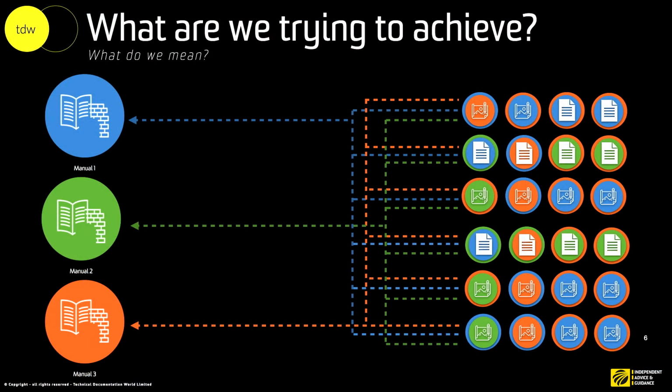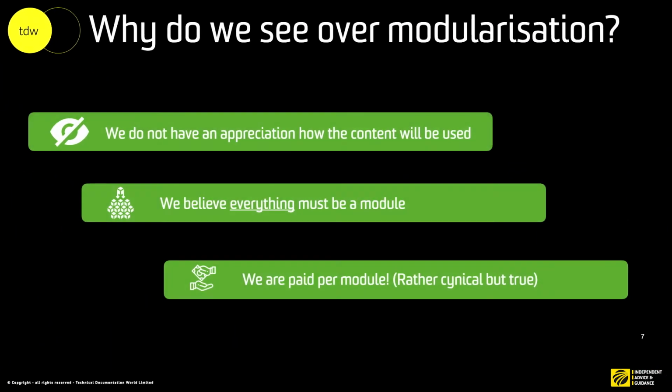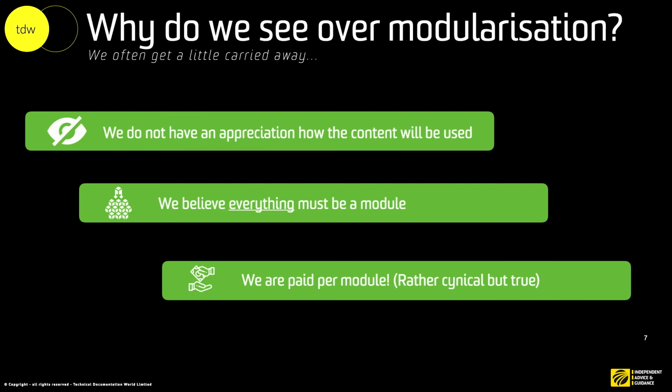So I see projects that don't think through the modularization of their content, and then what they do is they over modularize. And over the years, I've looked at why projects over modularize, and I've come up with a couple of things here that some might be a little bit contentious. Why do we over modularize?